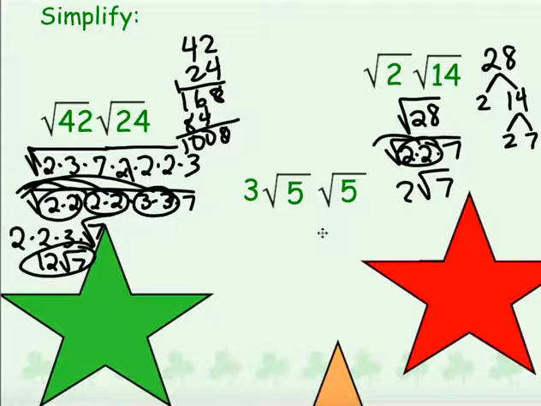Square root of 3 times square root of 5 times root 5 means that we have 3 root 25. Well, the square root of 25 is just 5, so we have 3 times 5, which is 15.